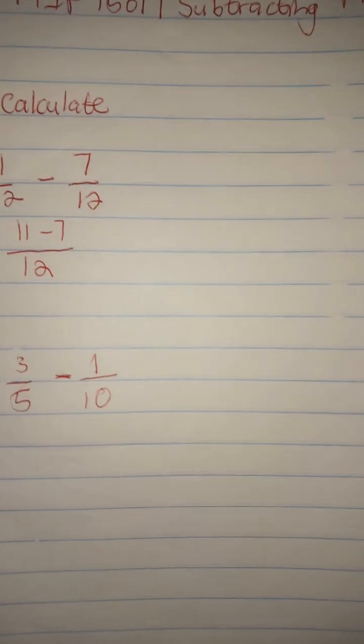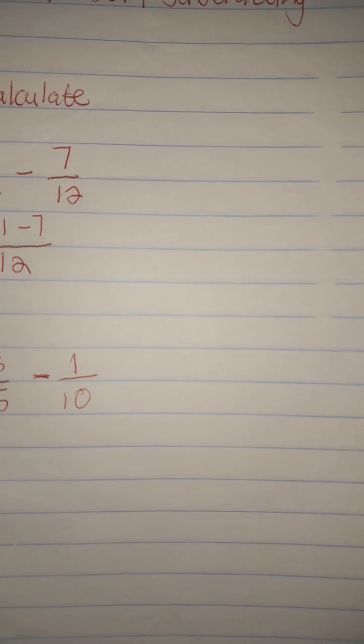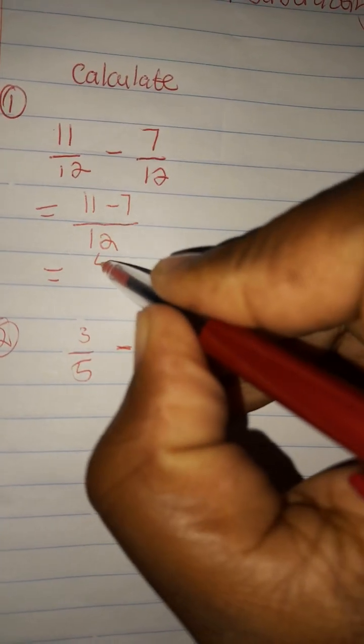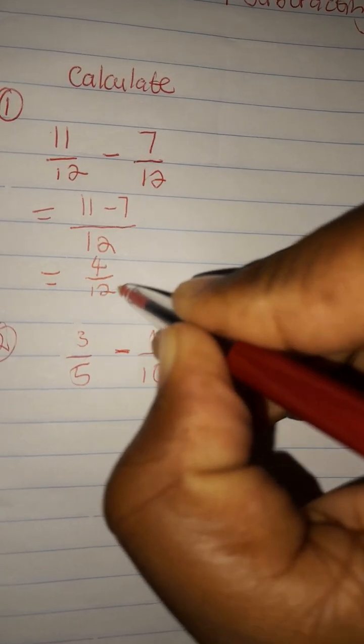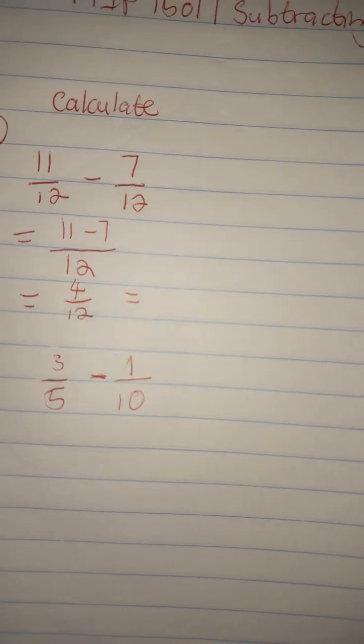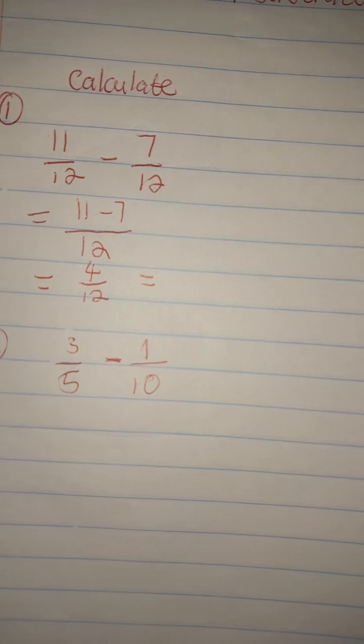What is 11 minus 7? 11 minus 7 is definitely going to be 4, so it's 4 all over 12. We need to simplify this fraction.